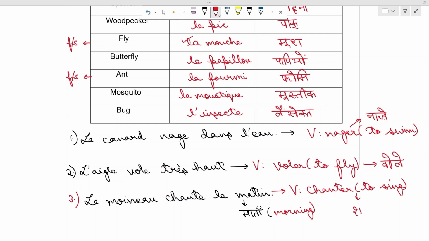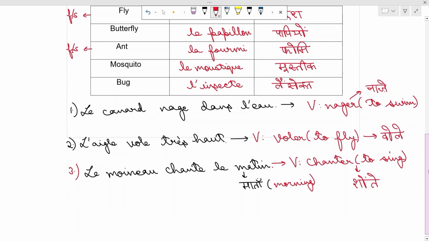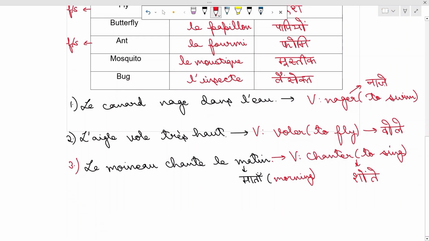Pronunciation is chanter. Le moineau chante, le moineau chante le matin. This is the pronunciation. Chante means to sing. Le matin means in the morning. The sparrow sings in the morning.